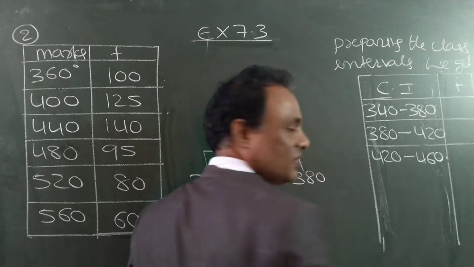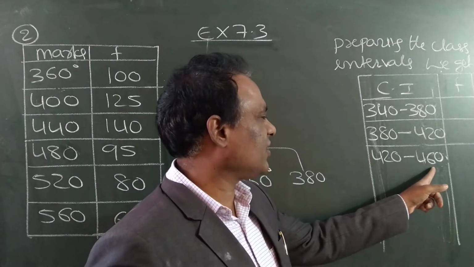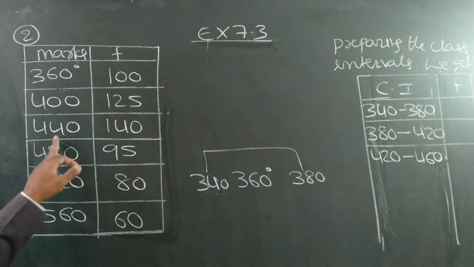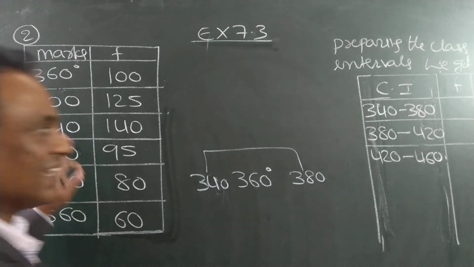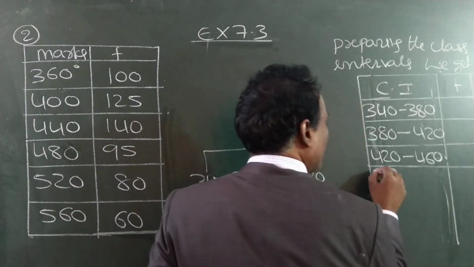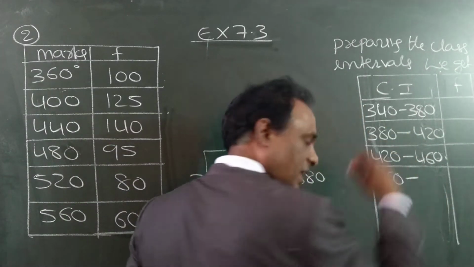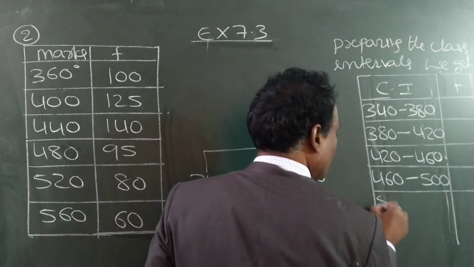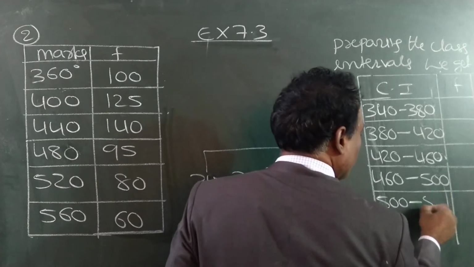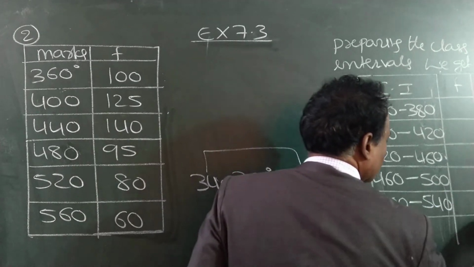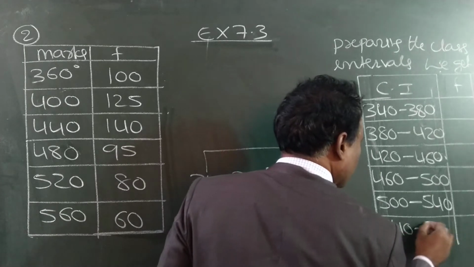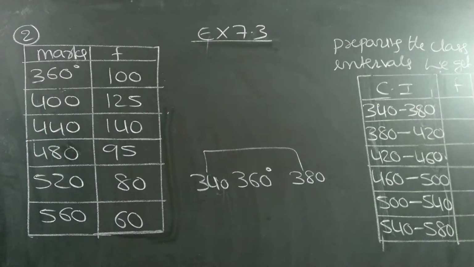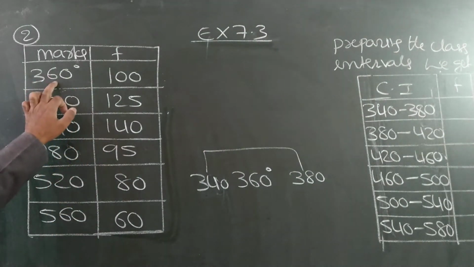Students, find the mid value. 420 plus 460 is 880, by 2 is 440 only. Next, continuing with 460 plus 40, that is 500. 500 plus 40, 540. 540 plus 40, 580.